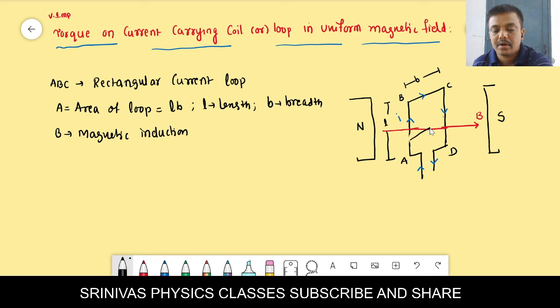This is also breadth, parallel to that. And this ABCD is the plane of the coil.